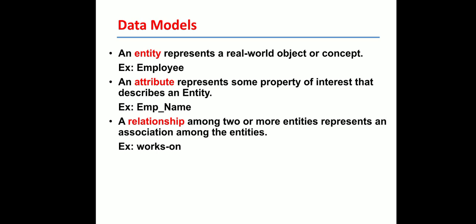Same, if I have the entity student, and I have salary as an attribute or property, then this salary does not represent a property for that particular student, because that salary is unrelated to that student entity. It means that every attribute should represent some property of interest that describes an entity.